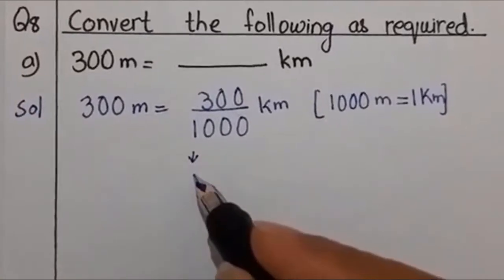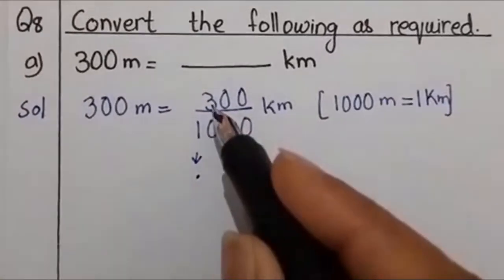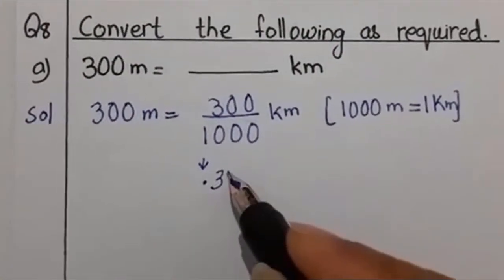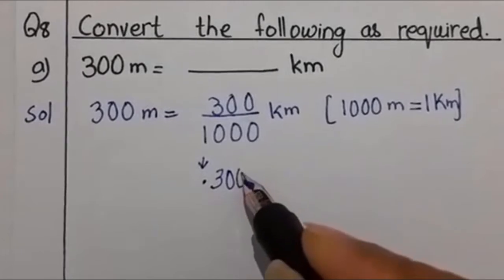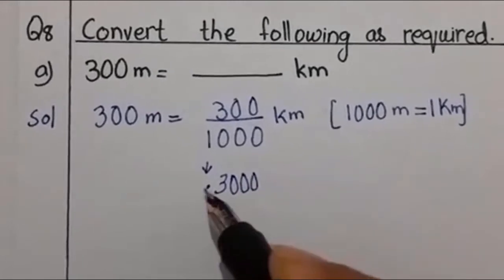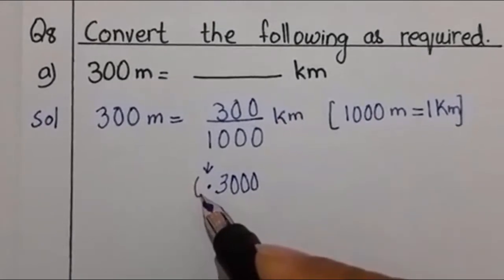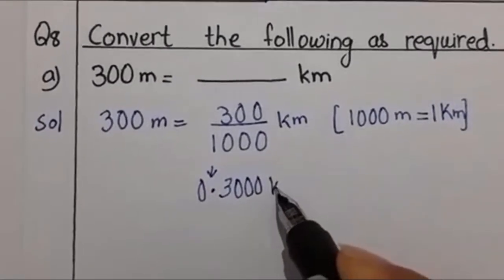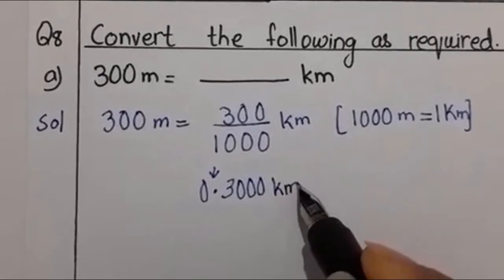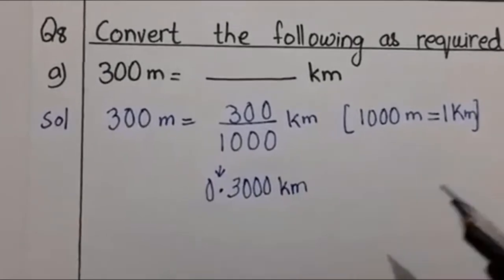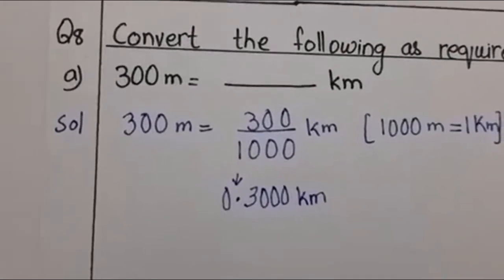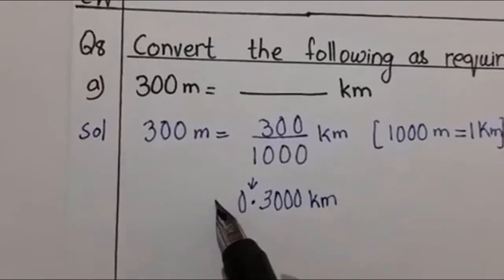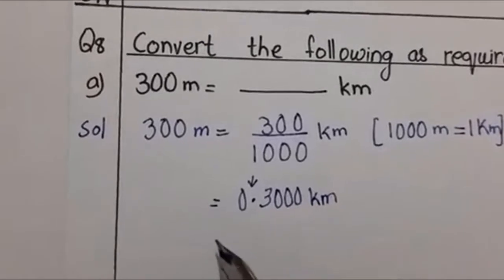1 will turn into the point, and after 1 there are 3 digits, and in the numerator we also have 3 digits, that is 3, 0 and 0 and 1 more 0. So before there is nothing, we will write 0.300 kilometer. And can anyone tell, do I have to write these zeros? We have learned in the rules that the zeros after decimal point have no value.